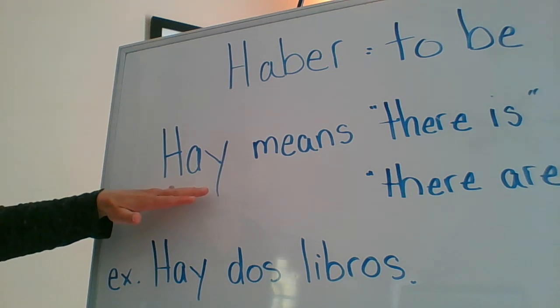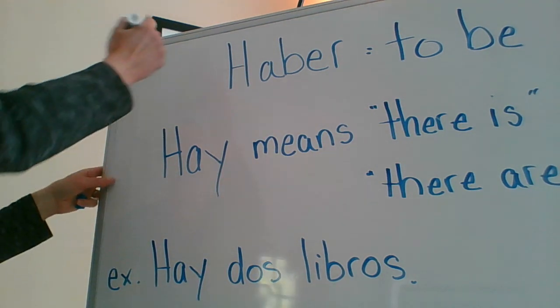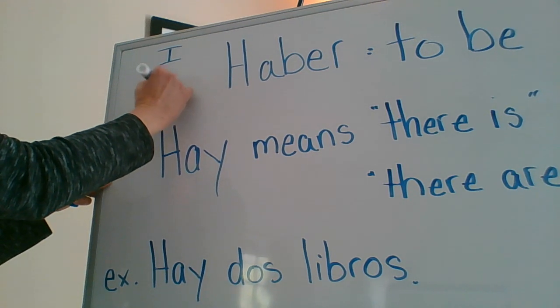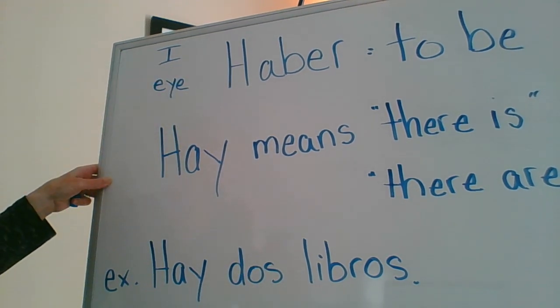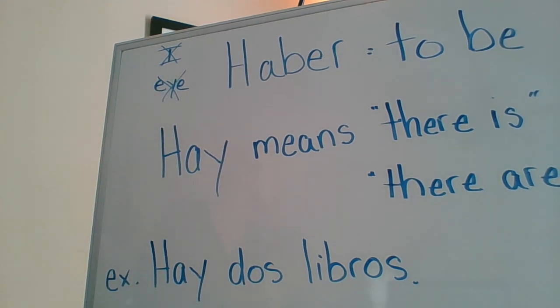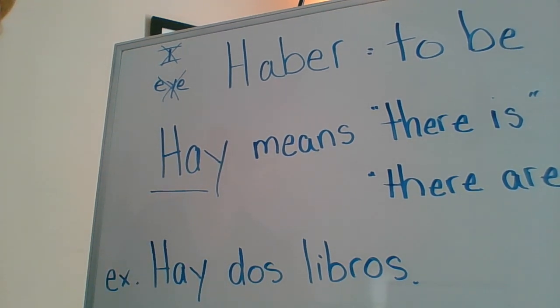And the way we say this in Spanish is we say hay. Now, it's not this I, meaning me, and it's not this eye, meaning the eye in your face. It means there is or there are. So again, we don't say hey, we say hay.